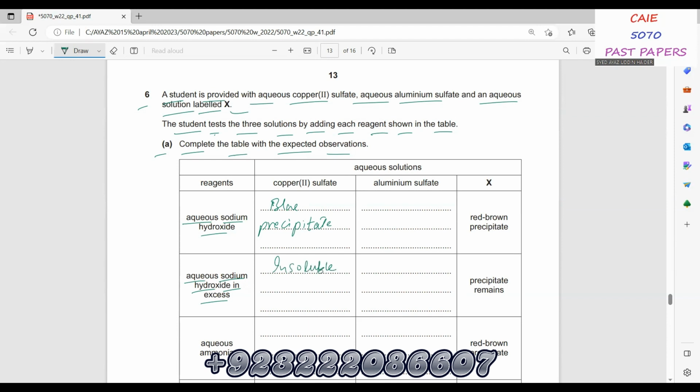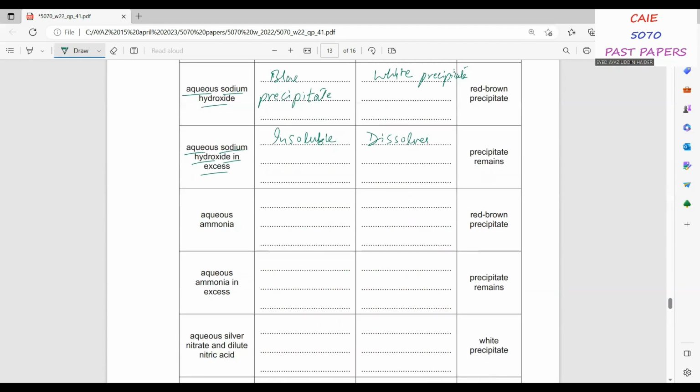In case of aluminum sulfate, we'll get a white precipitate and it will dissolve in aqueous sodium hydroxide. In case of aqueous ammonia, we'll get a blue precipitate for copper 2 plus ion, and we'll get deep blue coloration.